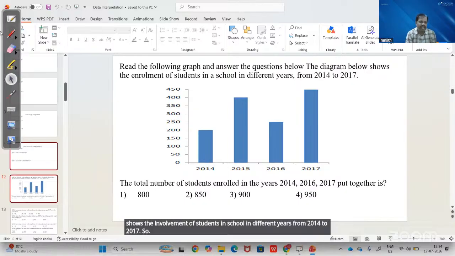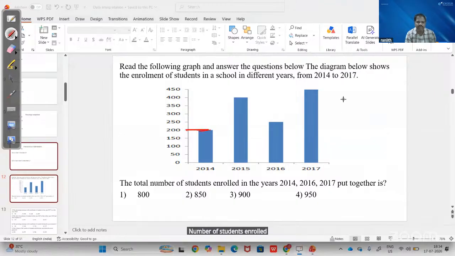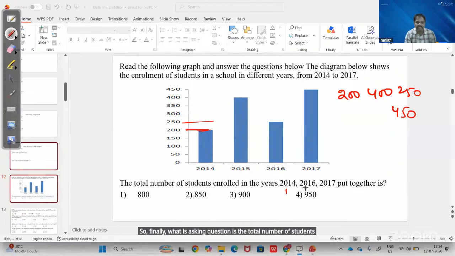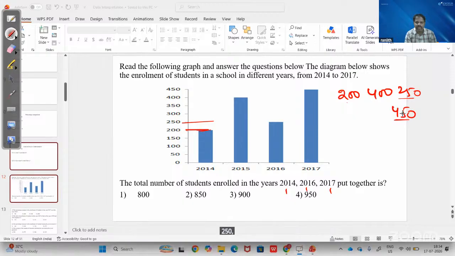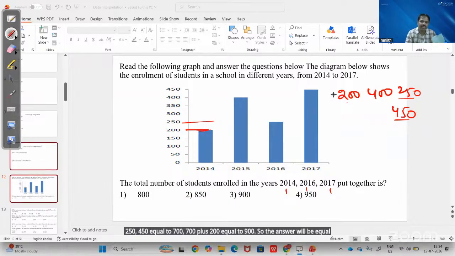The number of students enrolled in 2014 is 200, 2015 is 400, 2016 is 250 and 2017 is 450. The question asks for the total number of students enrolled in 14, 16 and 17. 200 plus 250 plus 450: 250 plus 450 is 700, 700 plus 200 is 900. So the answer is 900 students.